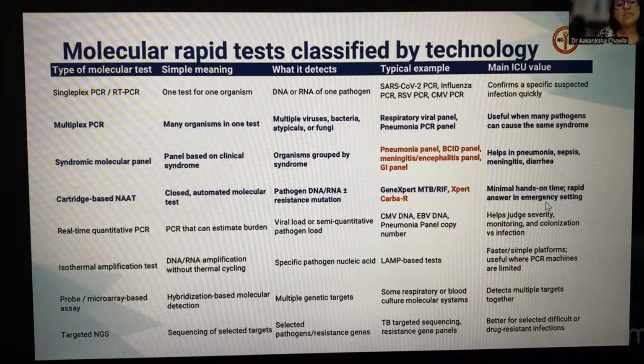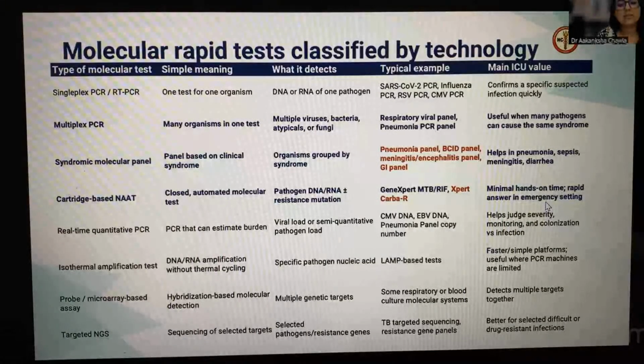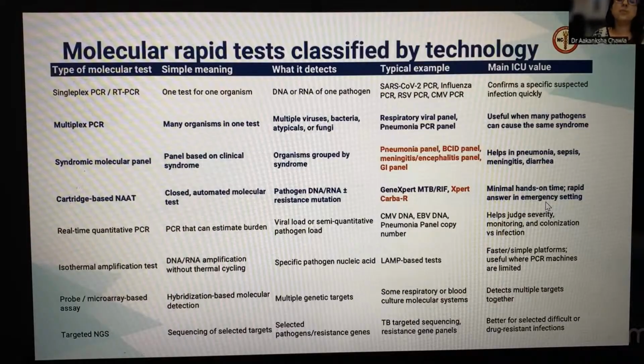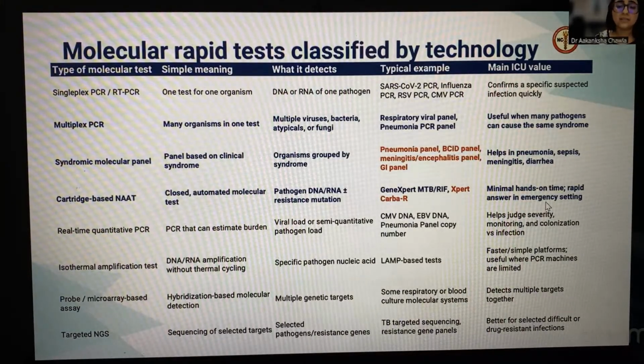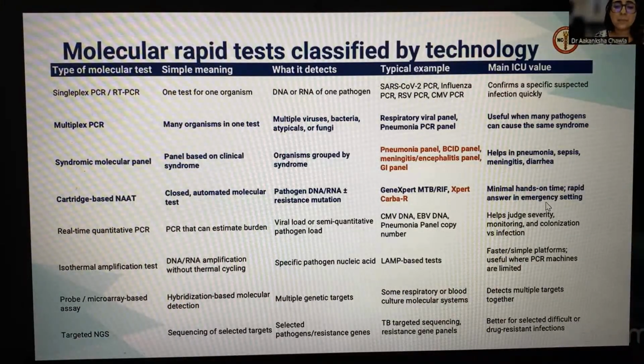Then we also have the PCR-based syndromic molecular panels, like your pneumonia panel, BCID panel, meningitis-encephalitis panel, or the GI panel. These multiplex PCR syndromic panel tests not only identify the bugs, they also give you the genes which are responsible for the resistance in the same test. So it would help you to start early targeted therapy in most tertiary care centers.